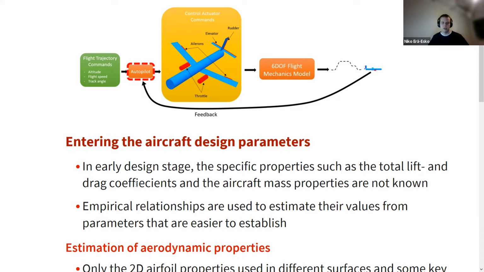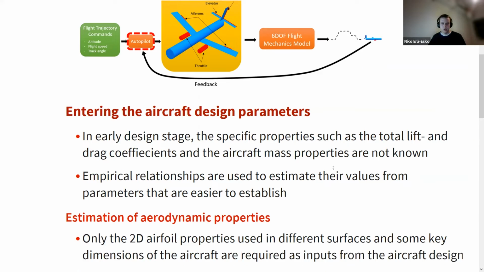So here in this library, we use a bunch of different empirical relationships found in the literature to estimate those values from those parameters that are easier to establish, that we usually know at the aircraft conceptual design stage.